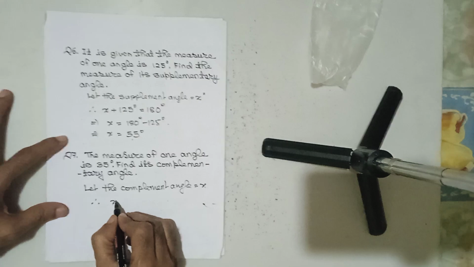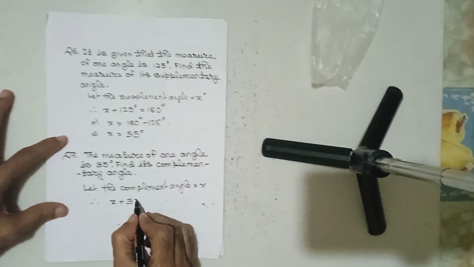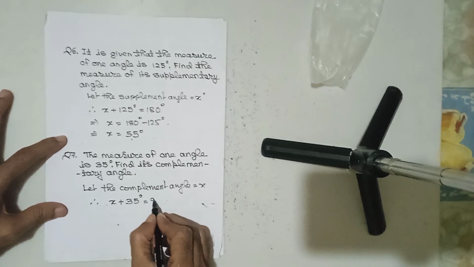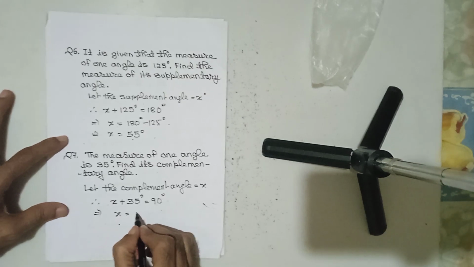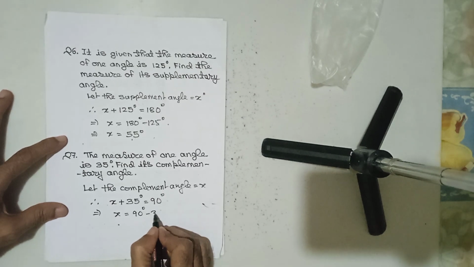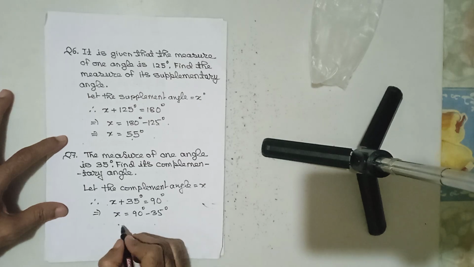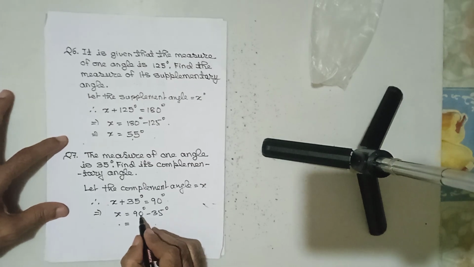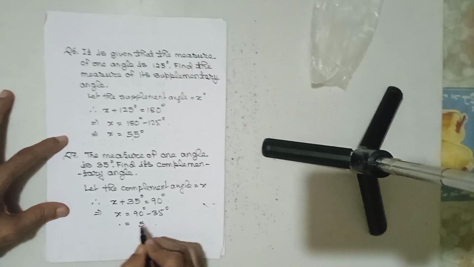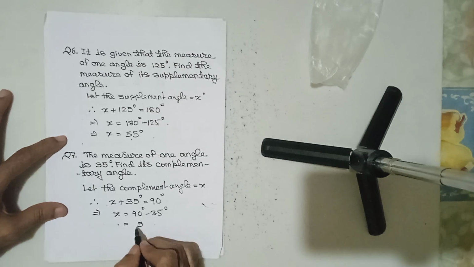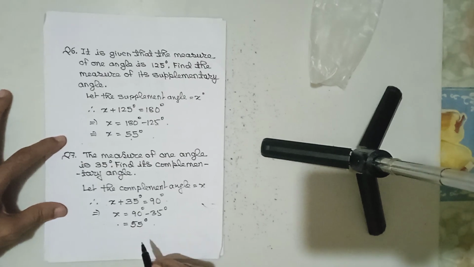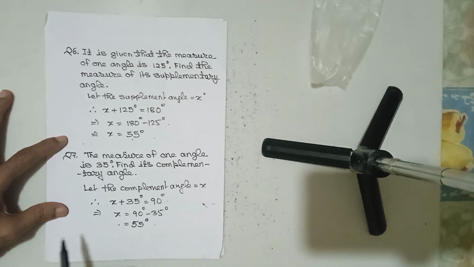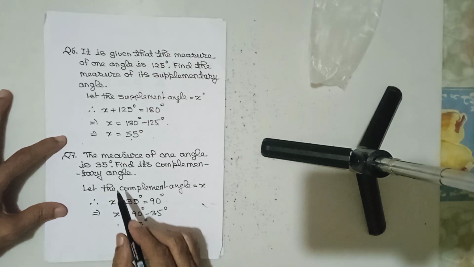Therefore, x plus 35 degree is equal to 90 degree. This implies x is equal to 90 degree minus 35 degree, which is equal to 55 degree. So here also x is equal to 55 degree is the answer.